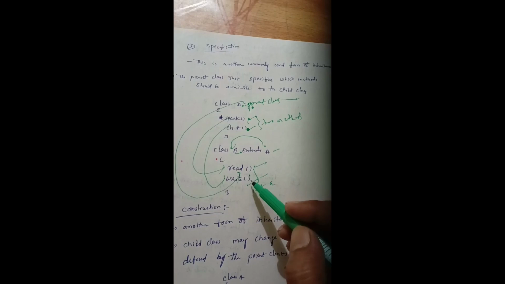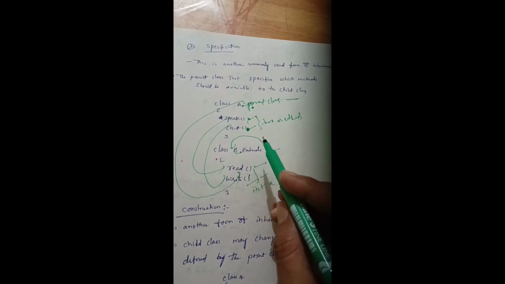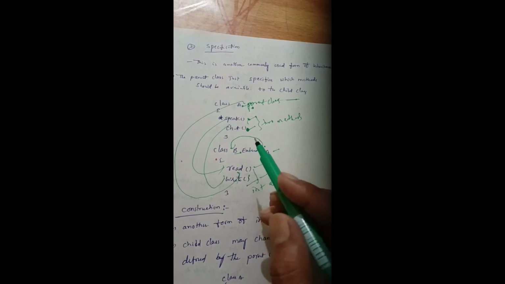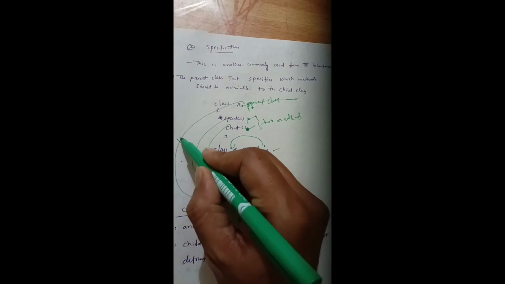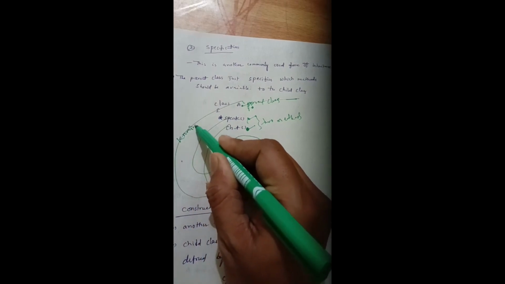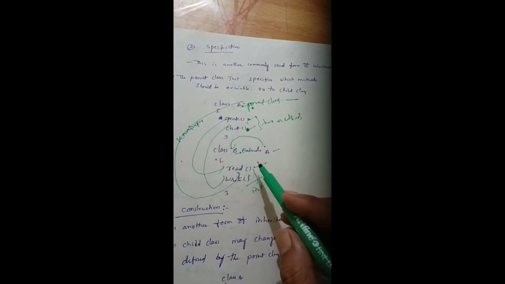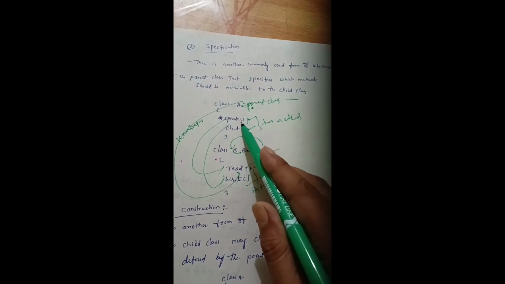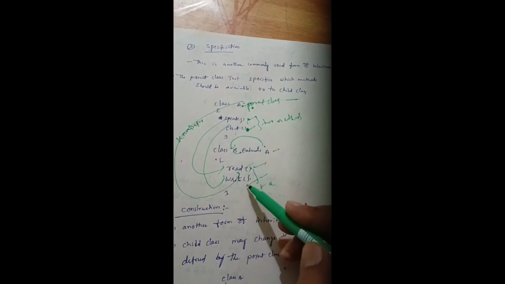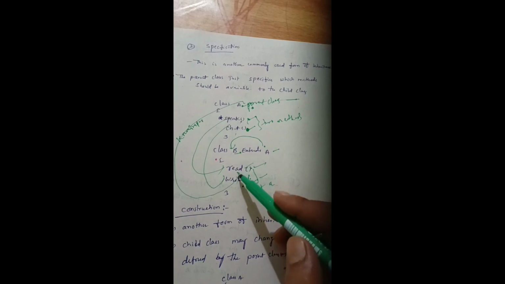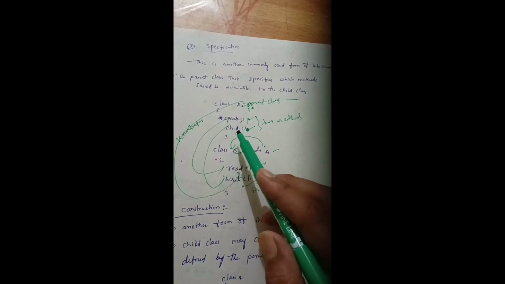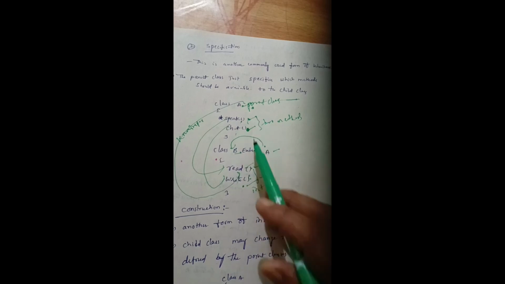This is called specification. It is just for knowing purposes: the parent class knows how many methods are available, speak, chart, read, and write, in the child class. This is called specification.